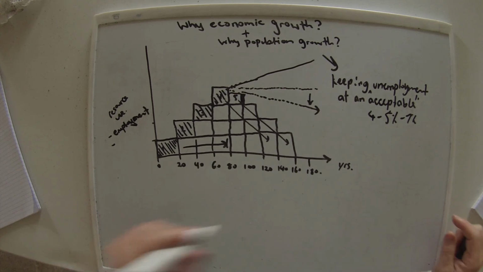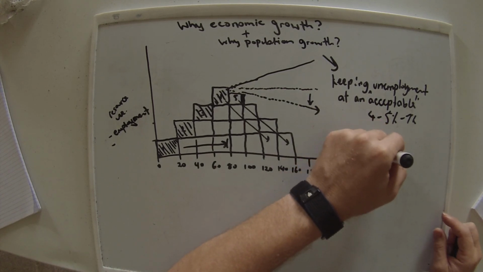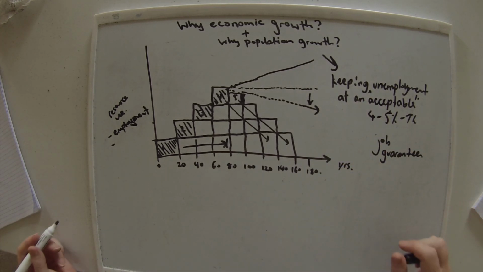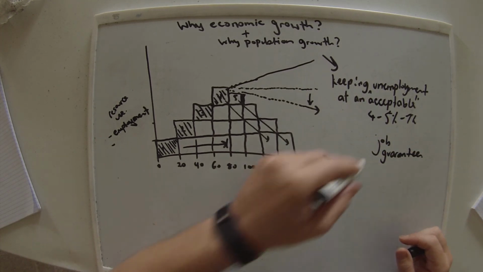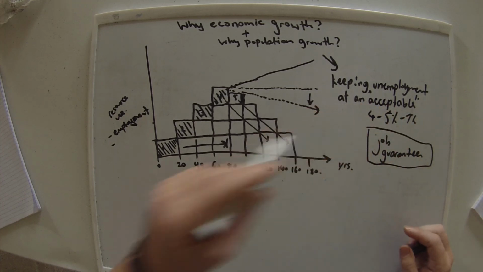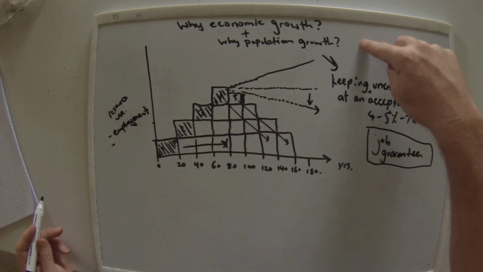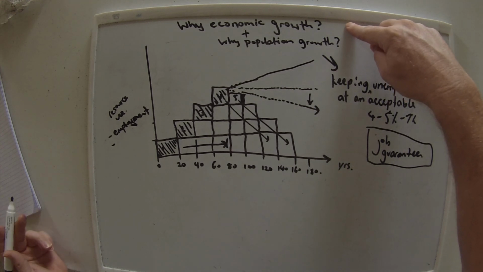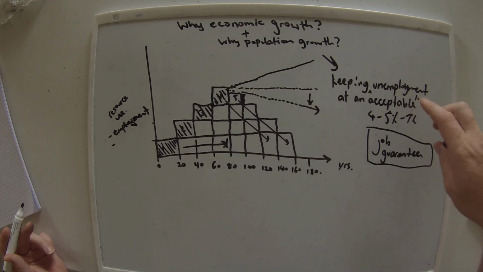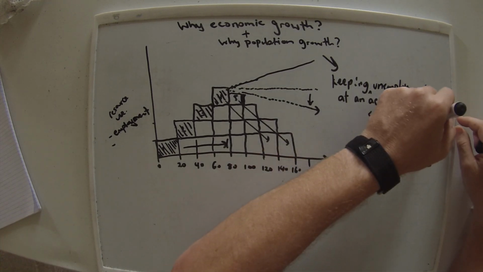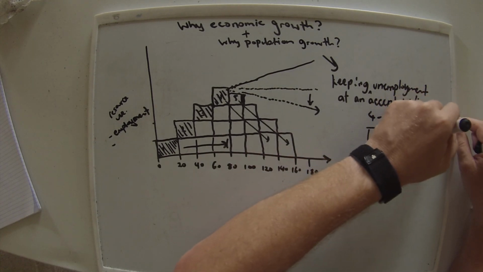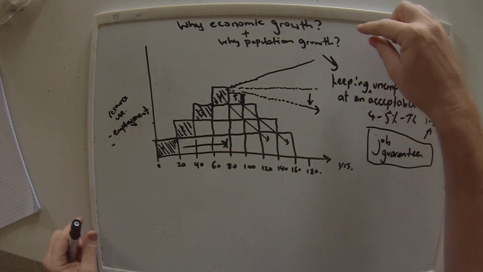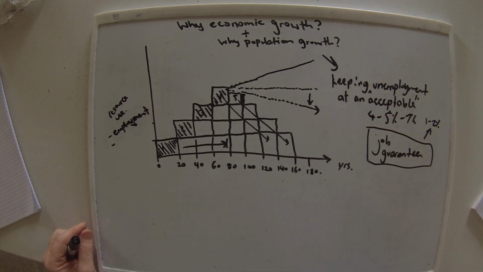Or you have a job guarantee, which is by far the way it should have been done, but wasn't invented till 10, 15 years ago, so no one knew about it. But now we know we could get the best of both worlds. We don't have to have population growth, and don't necessarily have to have economic growth in the traditional sense of consuming more resources, and we can keep unemployment even lower. We can get it down to 1 to 2% with the job guarantee. So I just wanted to put that in there because, man, it irritates me that this is never stated correctly in any mainstream economic education.